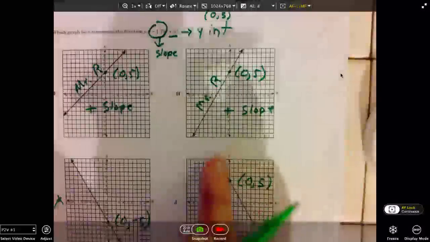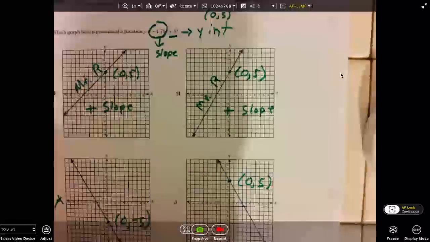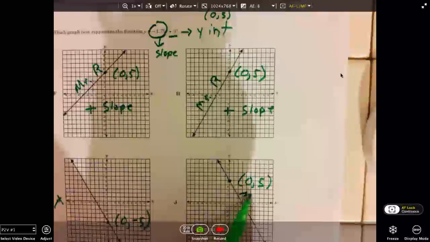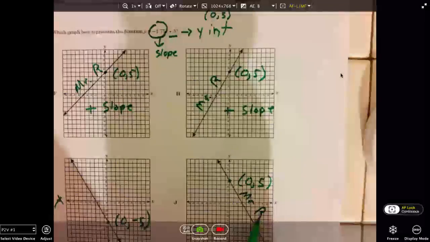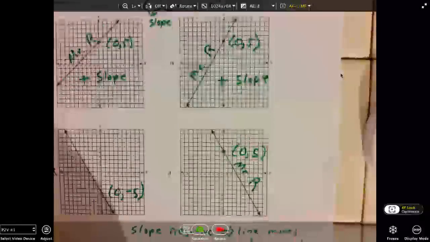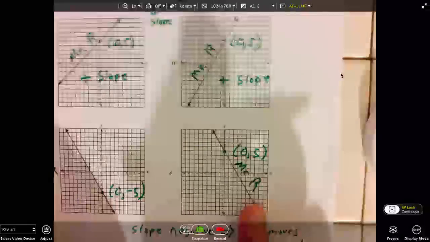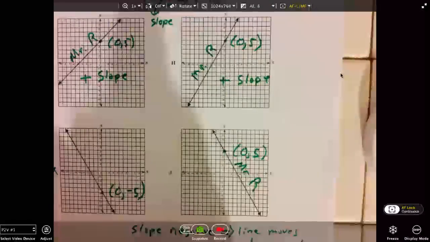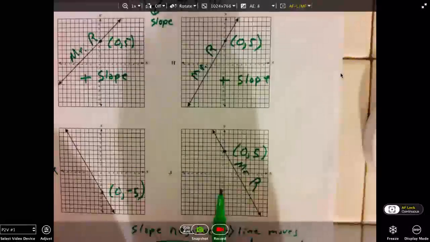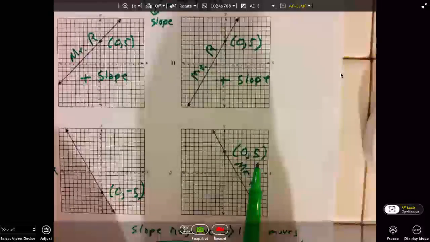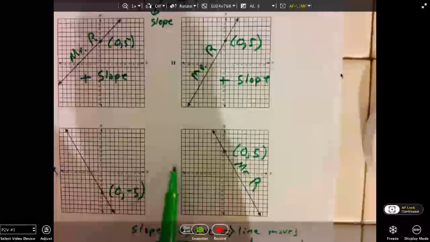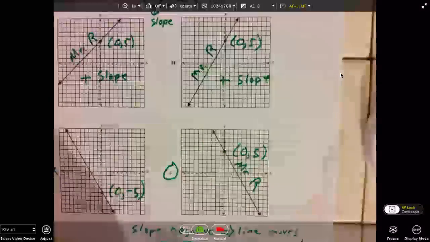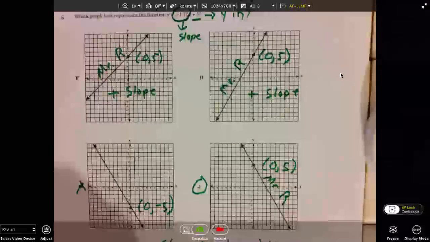However, J, the line's moving down from left to right as we read. That is negative slope. J has a negative slope and a y-intercept of 0, 5. Number 6, the correct answer is J.